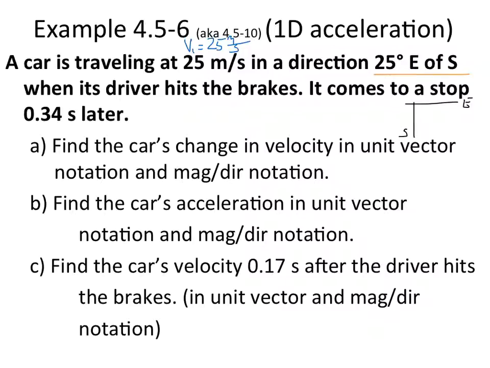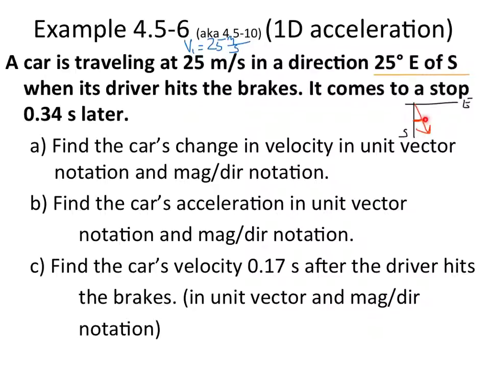And so 25 degrees east of south will look like this. That's our 25 degrees in there. There's south, and then there's east of it. Well, we don't like that. We want our angles based off of horizontal axes, not vertical, because otherwise it flips around all of our trig functions that we're used to using.